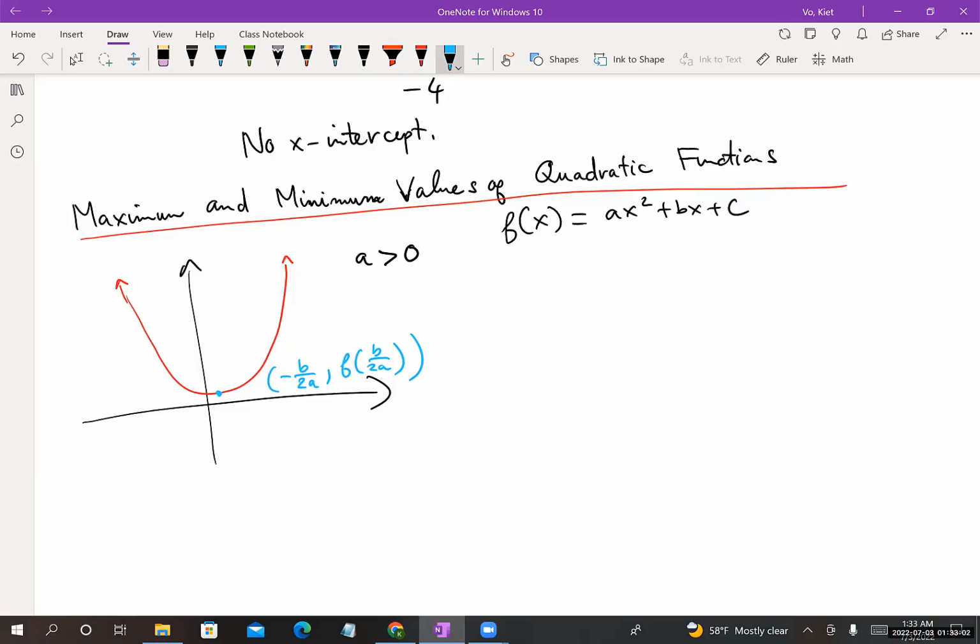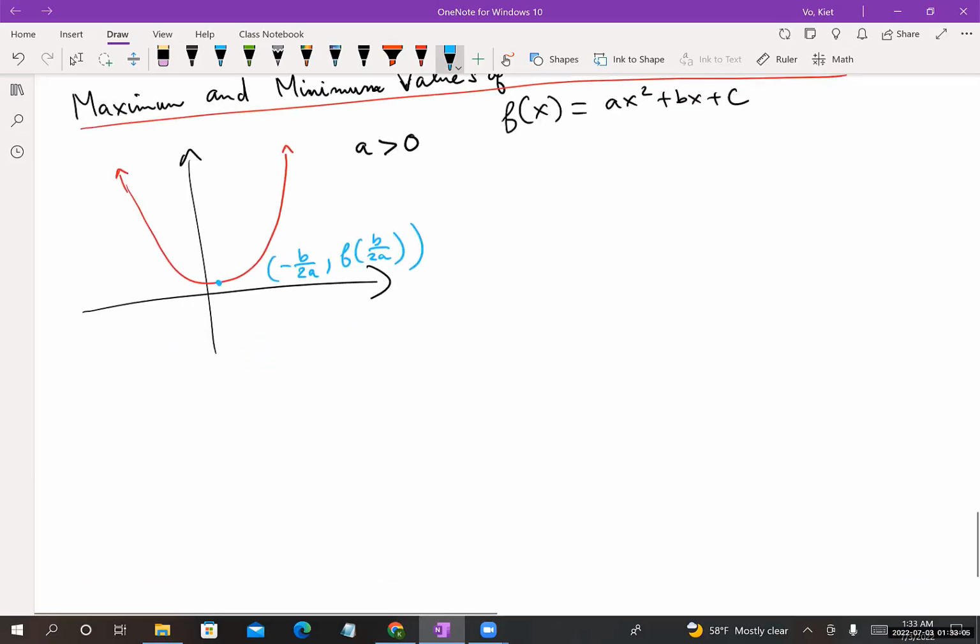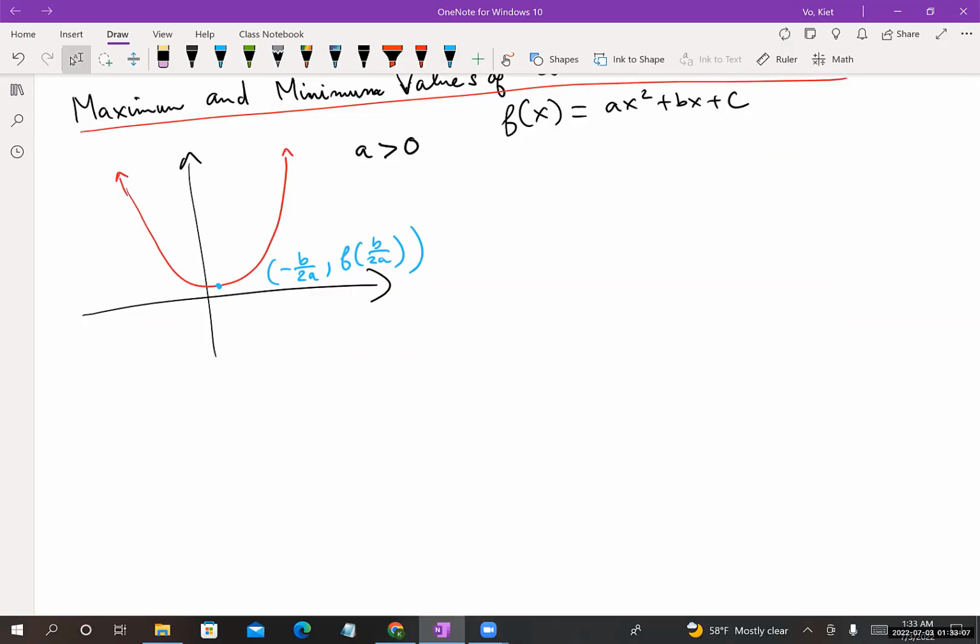So if the parabola opens up like this, the minimum value would be f of negative b over 2a.